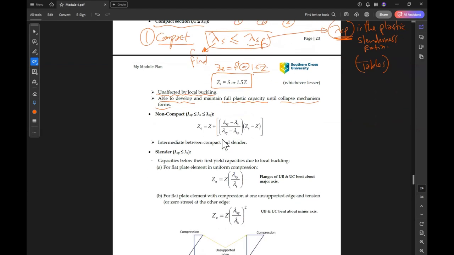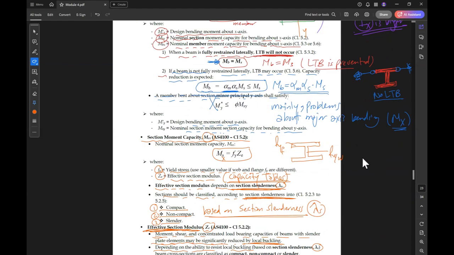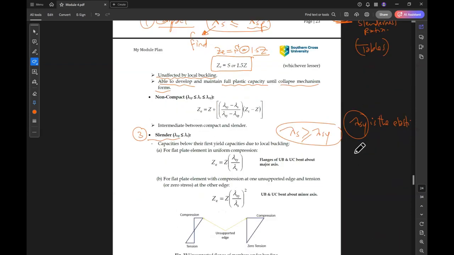The second case, or the third case first, is when lambda s is more than lambda sy. So this is the third case, because the second case will be between these two cases. The third case, when lambda s is more than lambda sy, where lambda sy is the elastic or yield slenderness ratio.